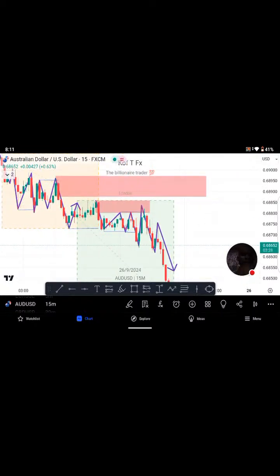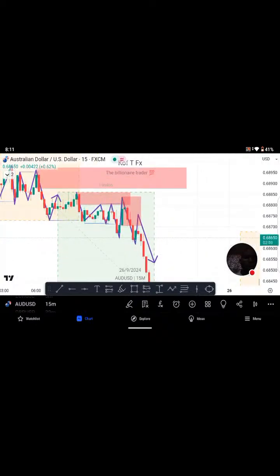However, above it, there is an unmitigated, still fresh supply zone, or a bearish order block above it. And yeah, the last candle, this green candle, as you can see, has already been mitigated after the break of structure. Which means that this setup has already played out. So it's not a fresh setup which we can actually take.